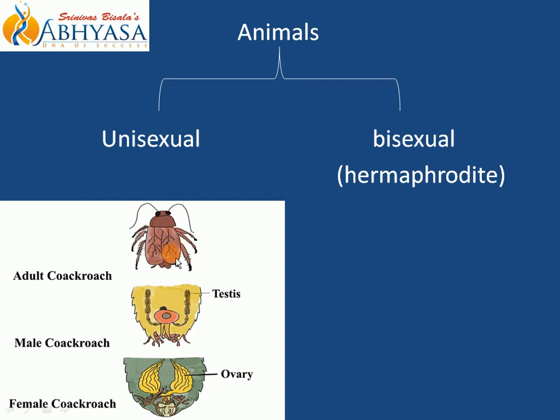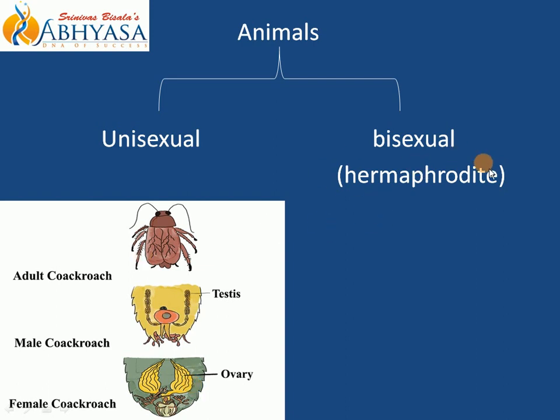You will not get such a structure in cockroach or in any unisexual organism. They are located in different organisms or different individuals. Same goes for female cockroach. In female cockroach you have this pair of ovaries, then you will have oviduct here. So in unisexual organism both the sexes are present separately.